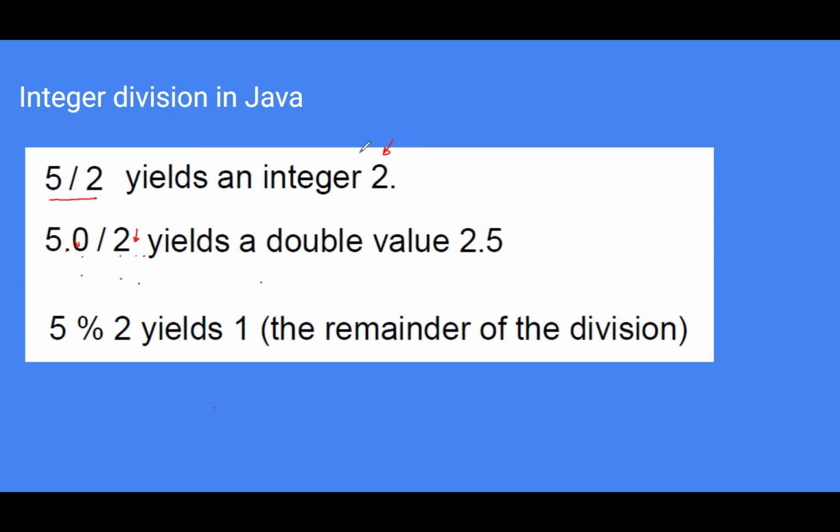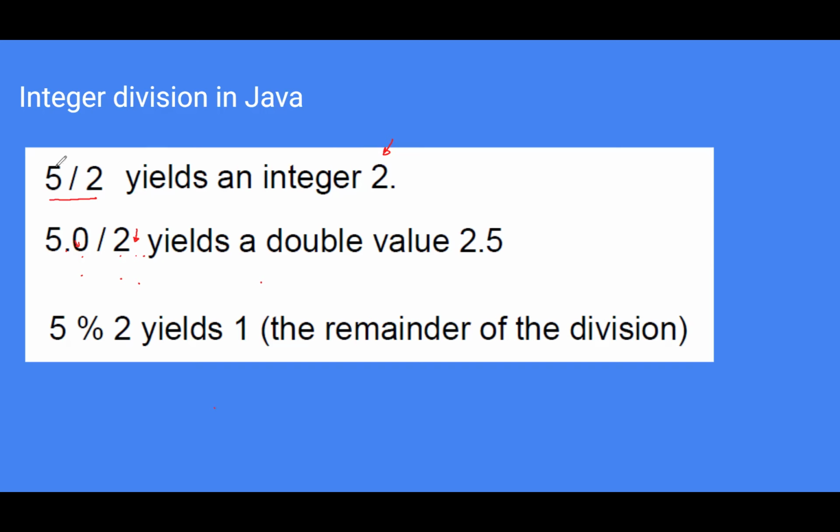Because it's supposed to give you how many times two goes into five without giving you a remainder. The percentage symbol works with remainders, but the slash just gives you how many times two goes into five.